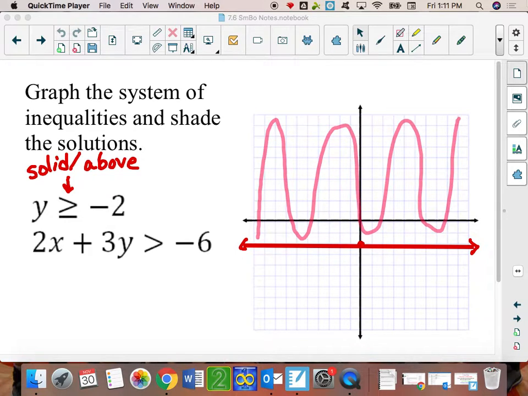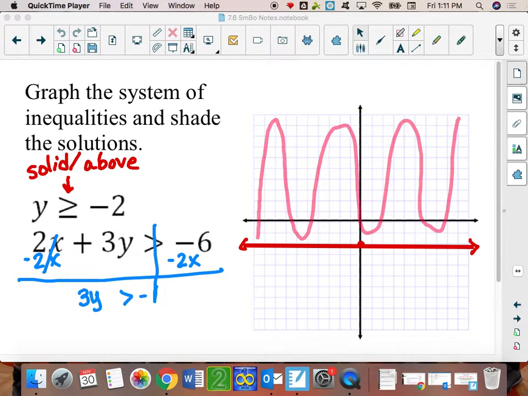And now I'm going to look at this second inequality, which I need to get in standard form first. So I'm going to subtract 2x on both sides. So that would give me 3y is greater than -2x and then -6. And then my final step, I'm going to divide everywhere by 3.